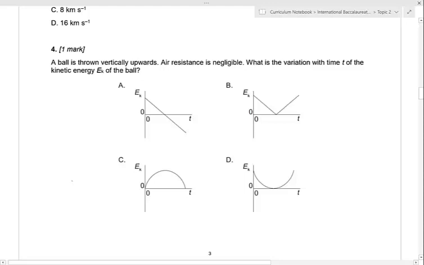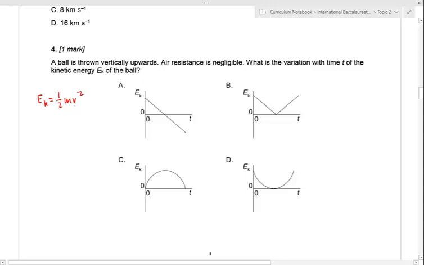So in question 4, we're told that a ball is thrown vertically upwards, air resistance is negligible. What is the variation with time t of the kinetic energy Ek of the ball? So we know that Ek is equal to 1/2 mv squared, and we could get an expression for this.